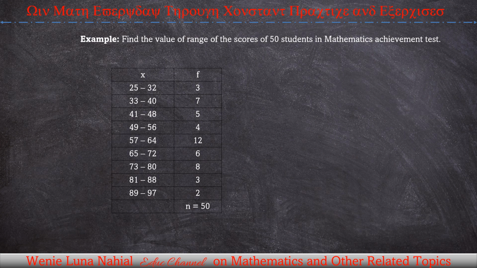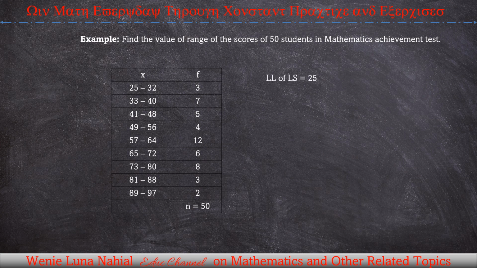So for 25 to 32, for that category, there are 3 students who got scores within that class interval, or within that group of scores.